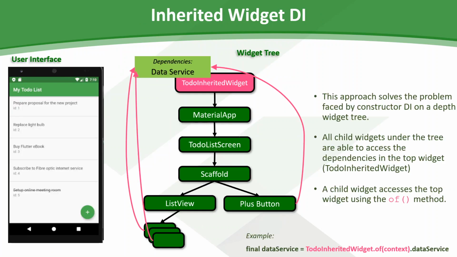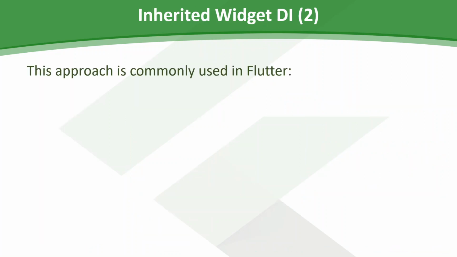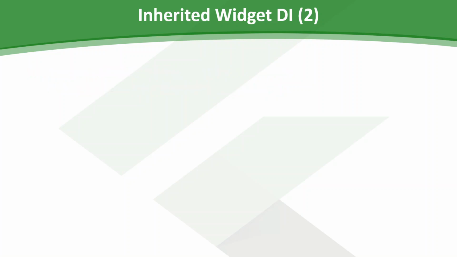In fact, using .of is actually the common approach used in the Flutter framework. I believe you're familiar with Navigator.of(context).push, and in fact last time I gave you this question: what is the purpose of calling Navigator.of? This is basically the same as this one.